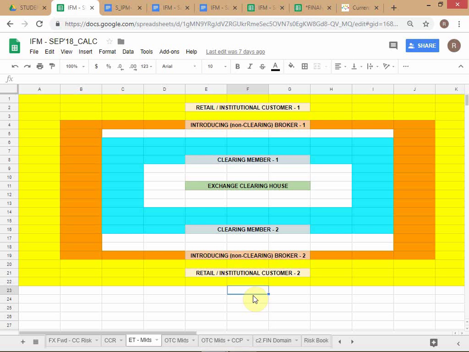So SK has sold at 70, which means, because every transaction goes through the ECH, what is the position of the ECH? If SK has sold at 70, is the ECH long or short?